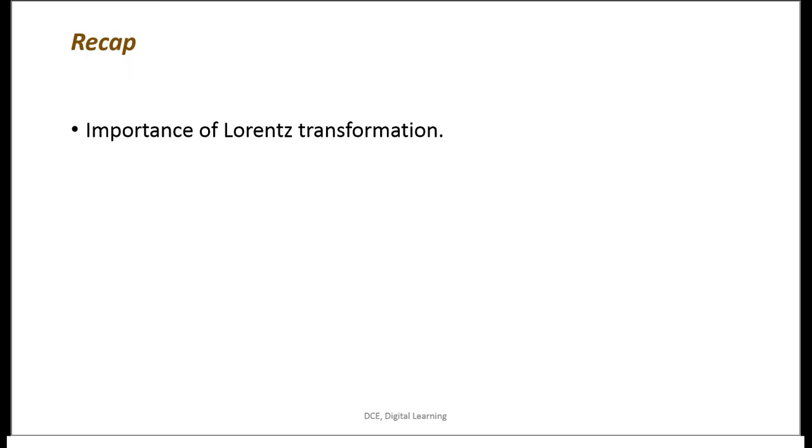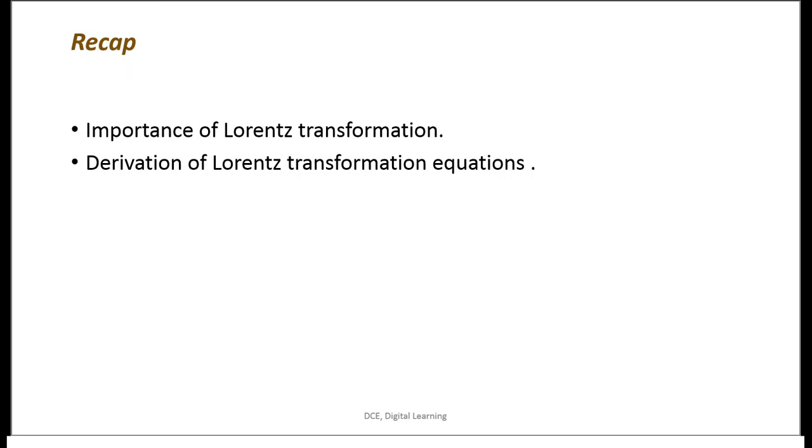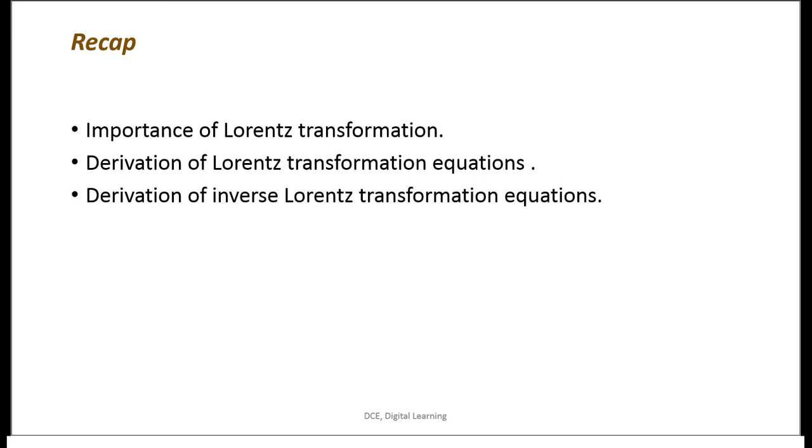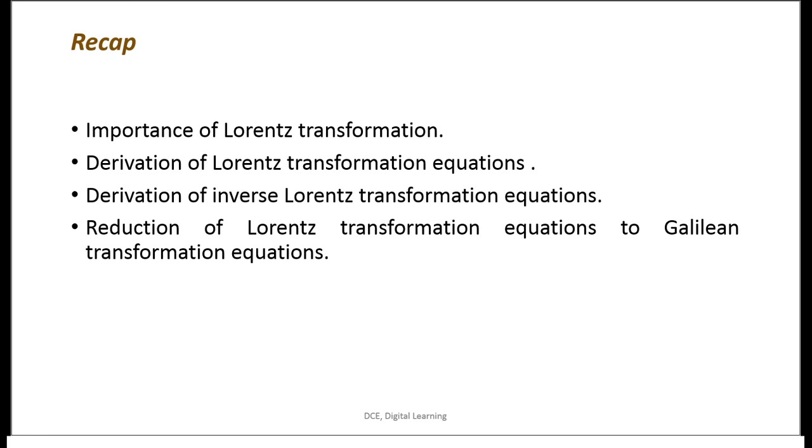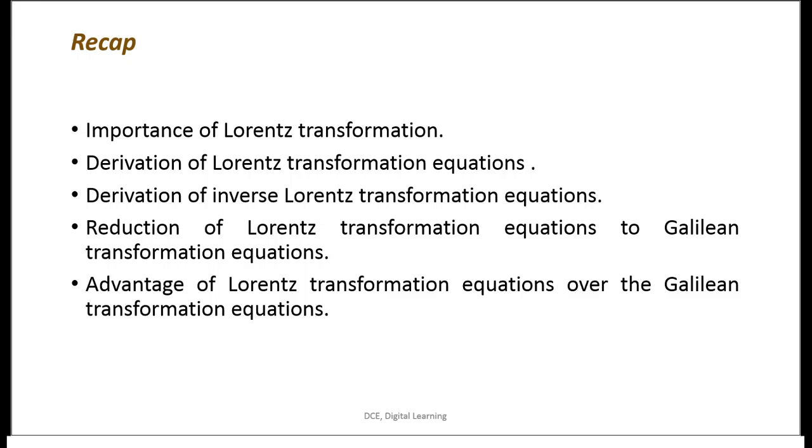So in this session we have studied the importance of Lorentz transformation equations, the derivation of Lorentz transformation equations, the derivation of inverse Lorentz transformation equations, the reduction of Lorentz transformation equations to Galilean transformation equations, and the advantage of the Lorentz transformation equations over the Galilean transformation equations. The Galilean transformation equation cannot be used to study the special theory of relativity, where the second postulate says that the velocity of light is constant, whereas in the Galilean transformation the velocity of light is not constant.